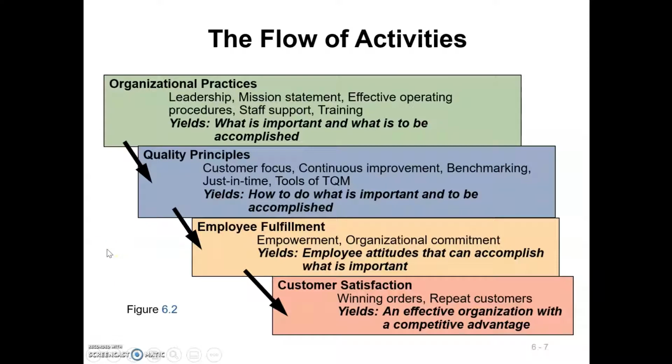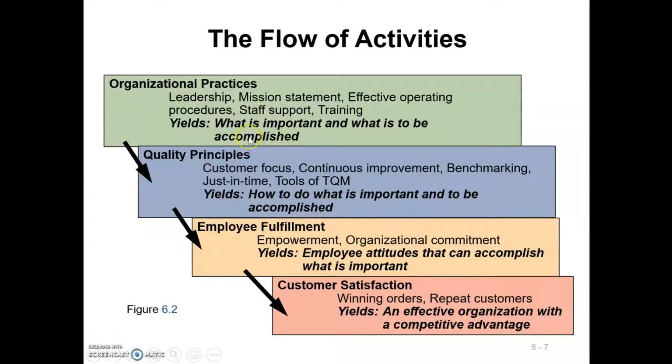Okay, so let's look at what's the role of quality in the flow of activities in any organization. So to start off, we have organizational practices. So this is where we understand what is important and what is to be accomplished. So it will cover leadership, mission statement, effective operating procedures, staff support, and also training.